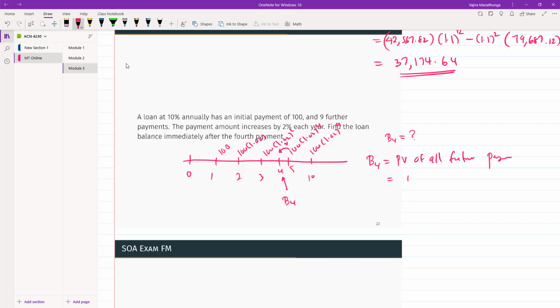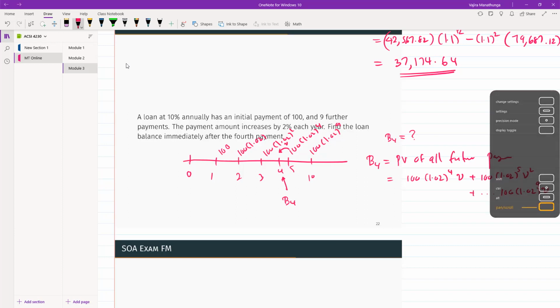So this would be 100 times 1.02 to the 4 times v, plus the next one, 100 times 1.02 to the 5 times v squared, and then the last one would be what? 100 times 1.02 to the 9 times v to the 6.